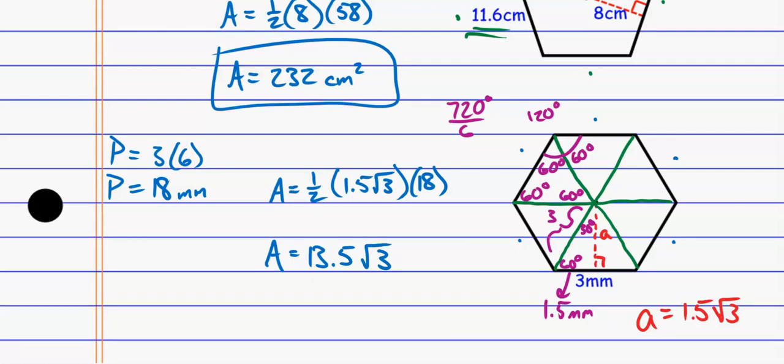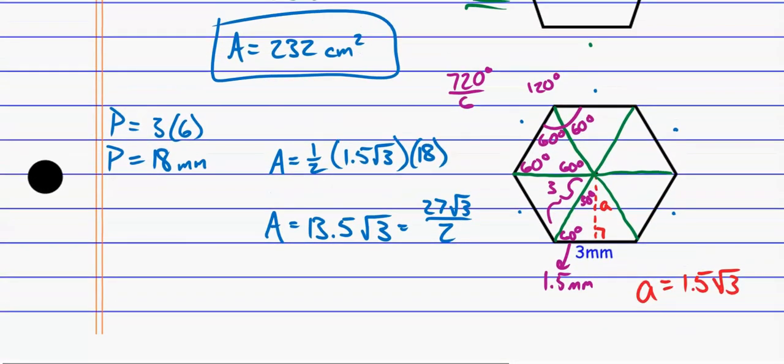And so in terms of exact terms, we don't typically write a decimal with a radical. We'd probably change this to an improper fraction. So 13.5 is really 27 over 2. So I could write it as 27 root 3 over 2. And essentially that's the same thing. Okay, and so here's the exact version of this thing.